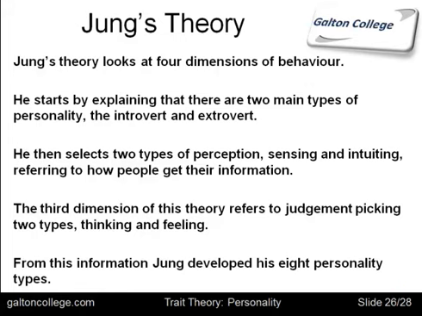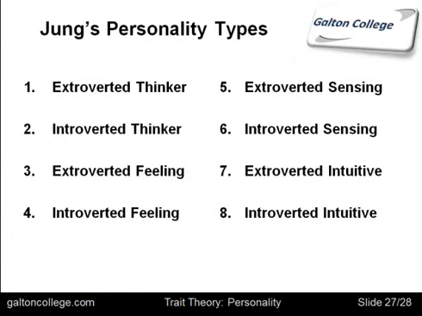So from this he developed 8 personality types. Now I'm not going to go into these 8 personality types. First of all, it would be too big and too long, and secondly, it's not directly relevant to what we're doing here. But I think we should have some understanding of the two big theories of personality, Eysenck and Jung. Jung's personality types are the extrovert thinker, the introvert thinker, and so on. The extrovert feeling, introvert feeling, extrovert sensing, introvert sensing, extrovert intuitive, and introvert intuitive.